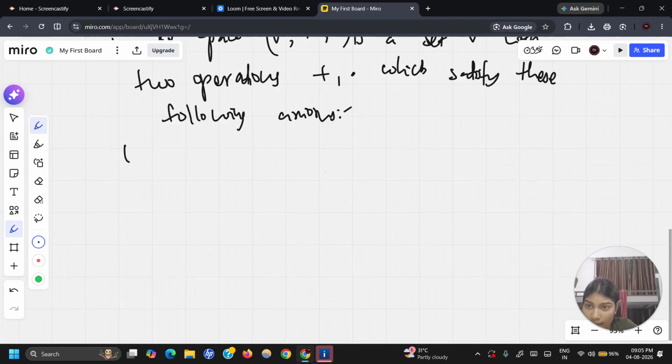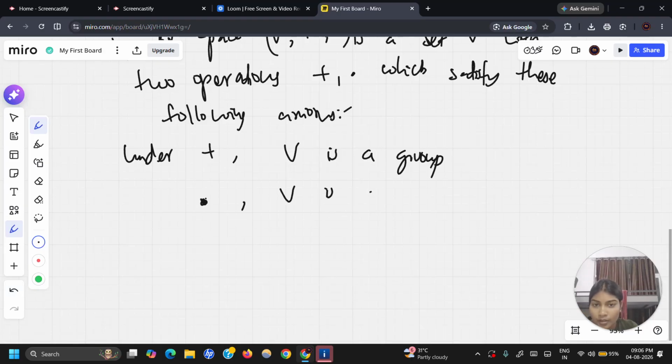Under addition, V is a group, and under multiplication, V is a group.